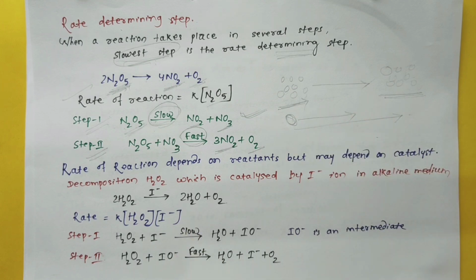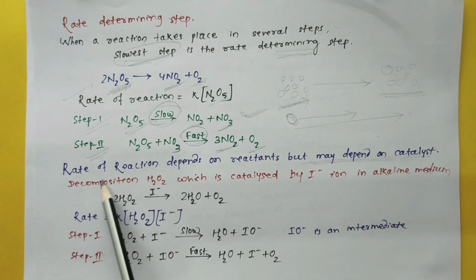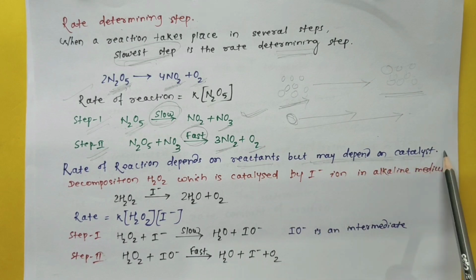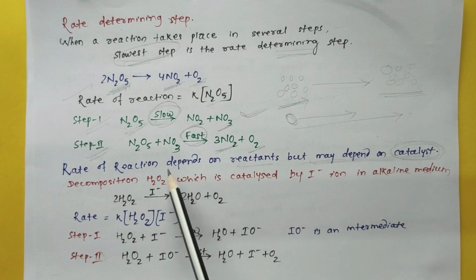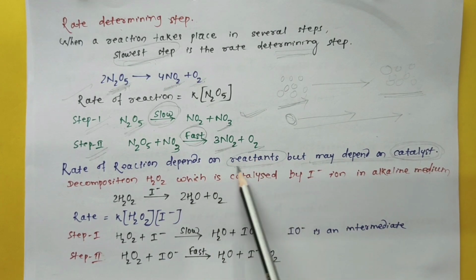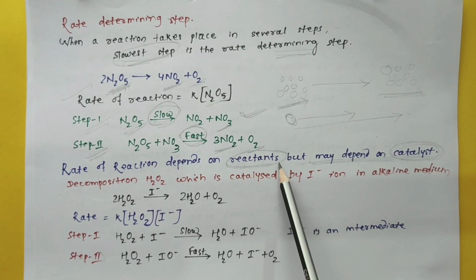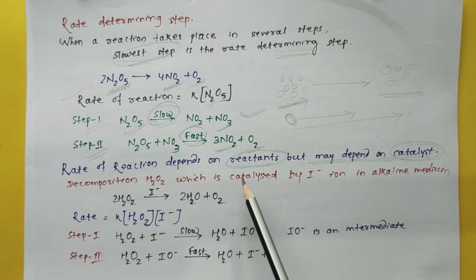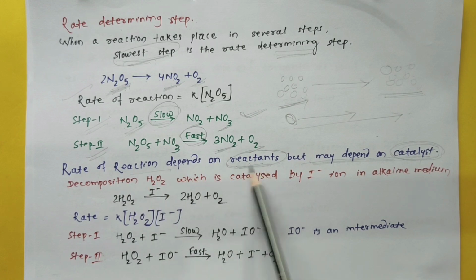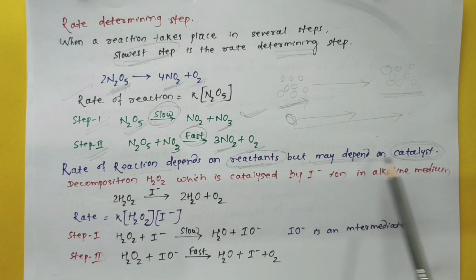Clear? So next we will see here, rate of reaction not only depends on reactants but also depends on the catalyst. The rate of the reaction depends on reactants. Some reactions may move at a faster rate. Suppose, in the first video we discussed the precipitation reaction is very fast, whereas rusting of iron is very slow. So rate of the reaction depends on reactants along with catalyst.